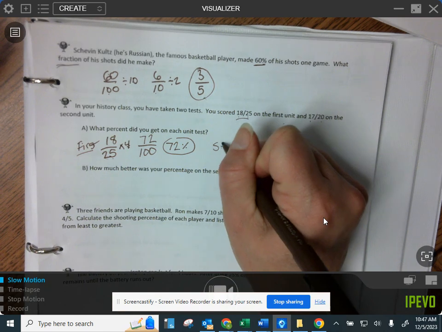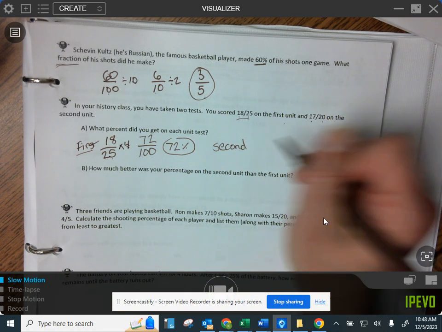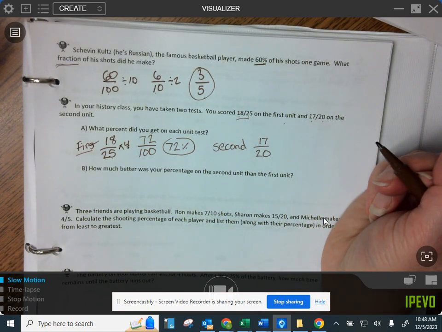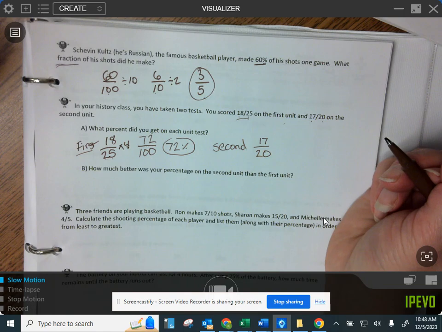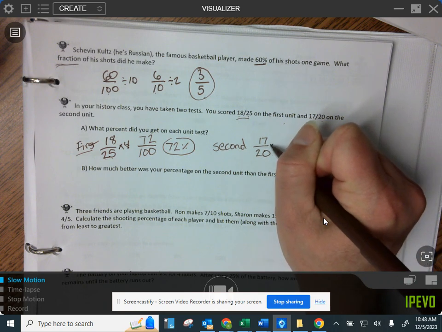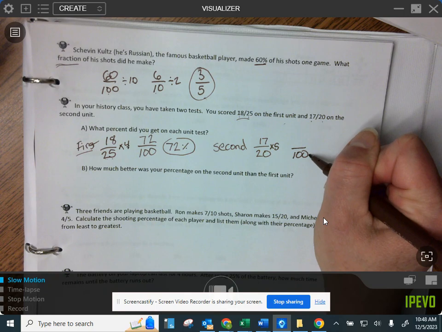Now I need to find what percent I got for my second unit test. That one I got 17 out of 20. Zelda? You need to multiply it by 5. Why am I multiplying by 5, Zelda? Because 20 times 5 equals 100. Good.